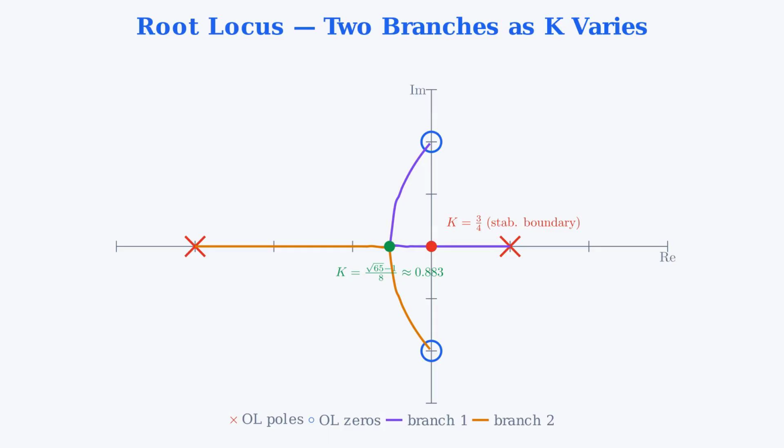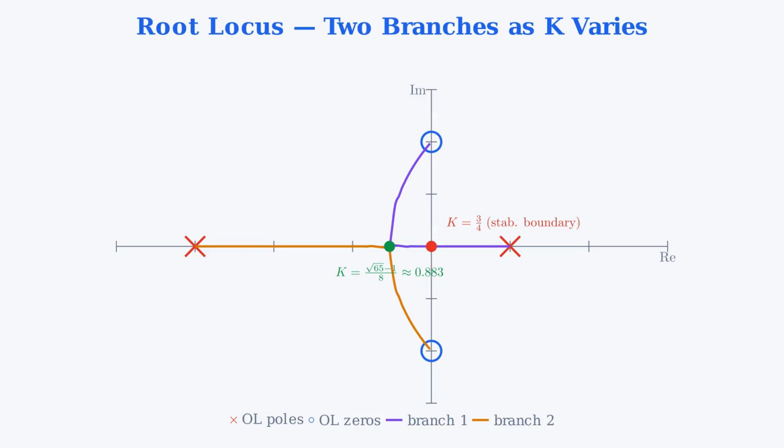Rule 5. j omega axis crossing. Substitute s equals j omega into the characteristic equation and solve for real k. Real part: -1 plus k times omega squared plus 4k minus 3 equals 0. Imaginary part: 2 omega equals 0, so omega equals 0.